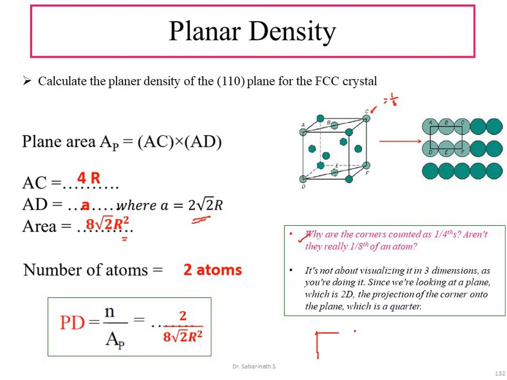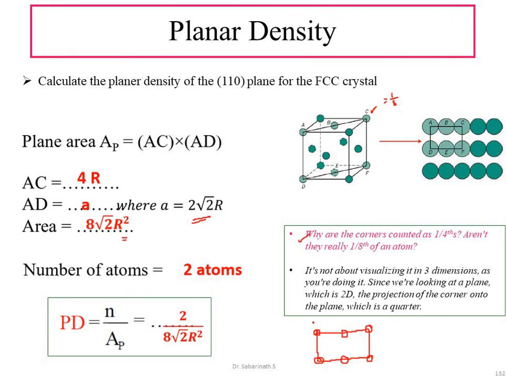So I am considering this as my plane. Here I have one atom, here another atom, here one atom, here another atom, here another atom, and finally here another atom.